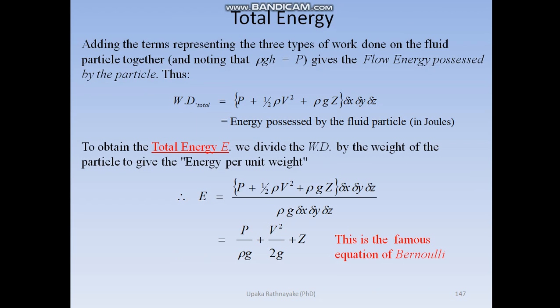See, total energy per unit weight. So that we will have E, total energy, equal to P over rho g plus V squared over 2g plus Z. Now this is the famous Bernoulli's equation. But remember, this is a much simplified form of it.